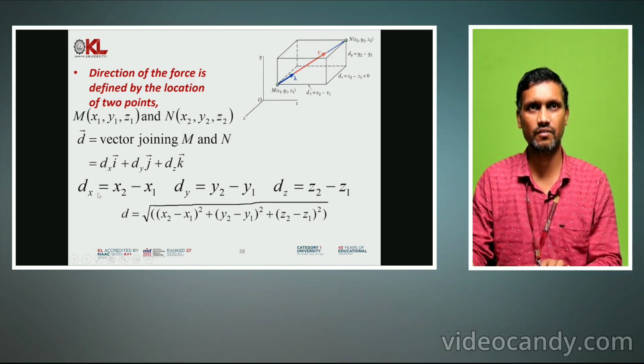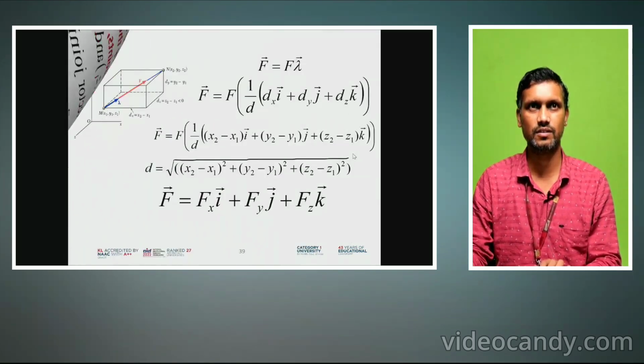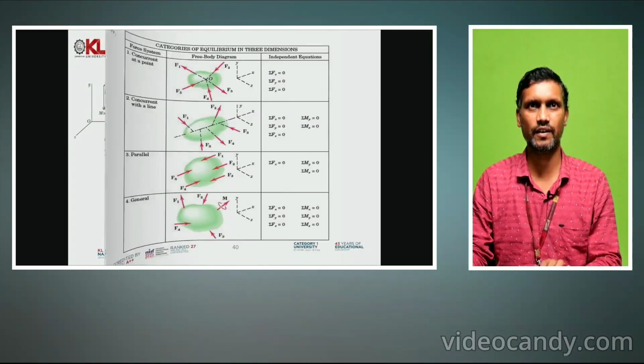The same way, we find dx, dy, dz. Distance is nothing but the difference between 2 points in x, y and z directions. Then the square root of the sum of squares will give you the resultant distance or displacement, you can say. Okay, this is the formula. Note this down, these are the important formulas. So, find F and d.